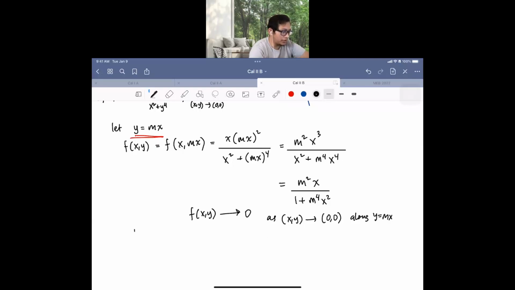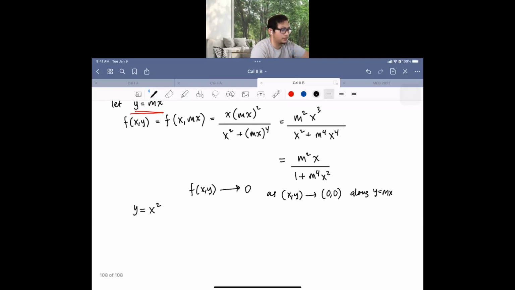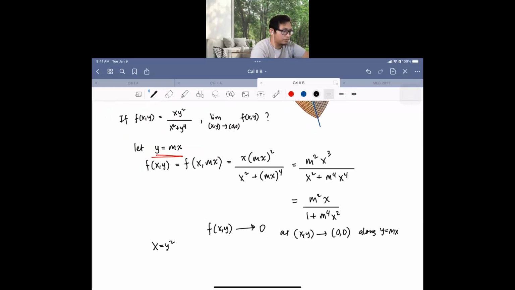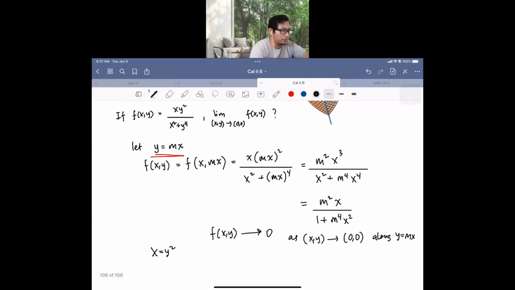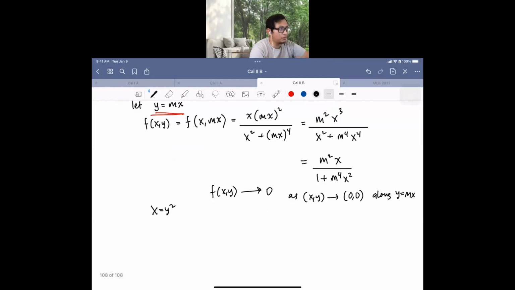But if we check with the parabola, with the quadratic equations, maybe x equals y squared, let's say we have the parabola x equals y squared.